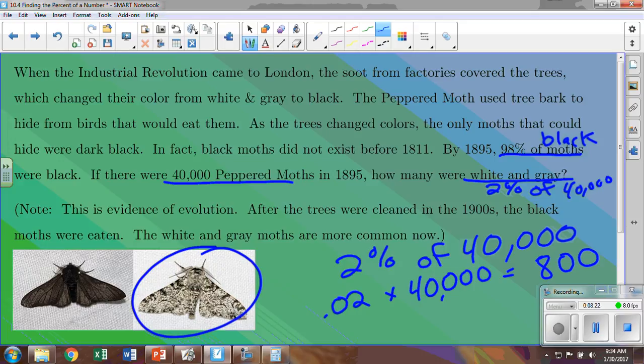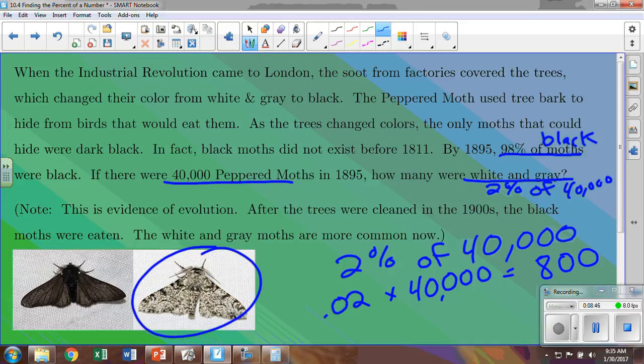By the way, this is actually evidence of evolution. When the environment changed and the trees got darker, the moths had to adapt so that they could survive. It's worth noting that people in England recognized, hey, we don't want to have all these dirty, soot-covered trees forever, so eventually they did go and clean the trees.